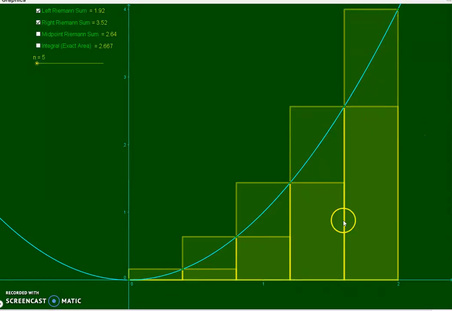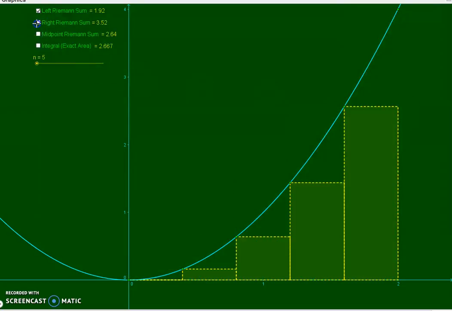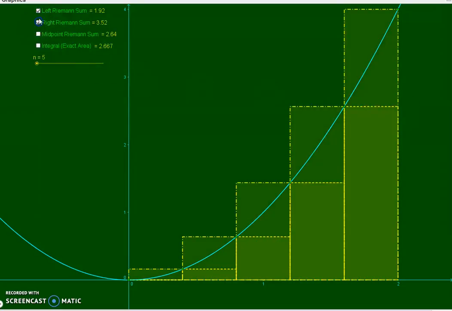We have 5 subintervals, and we have a left sum or a lower sum here. So there's the lower sum, and here's the right sum. And if we take a look at these two values up here, we can see that the left sum is lower than the right sum. These are the values that we got from our previous example.